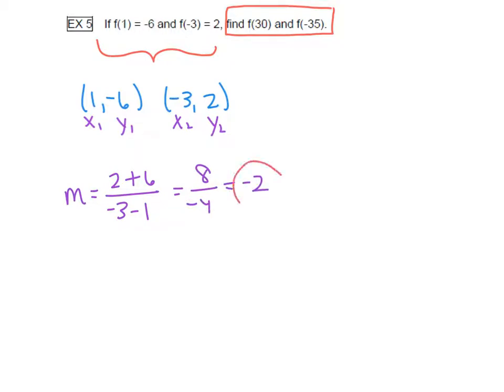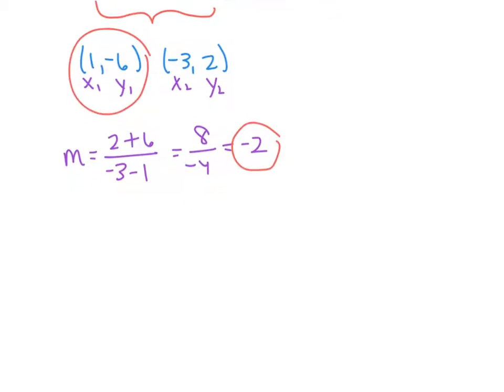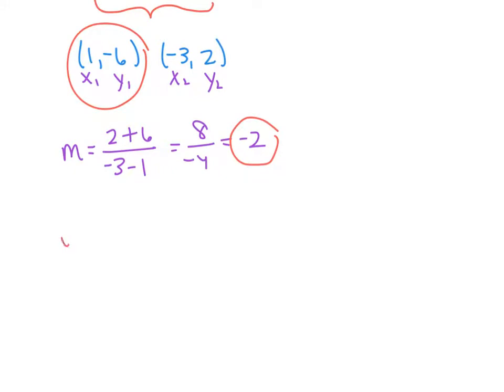So then we take our slope and we pair it with our first point, and we can go ahead and write our equation in point-slope form. y minus -6 becomes plus 6 equals -2 times x minus 1.